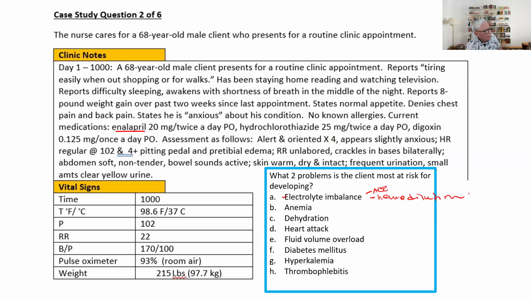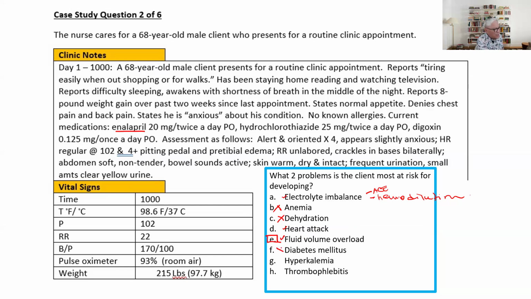Anemia. Why would there be anemia? There's no relationship here, so let's remove this. The patient is fluid overloaded as evidenced by the weight gain, so there's no dehydration. While a myocardial infarction could occur as a result of this stress, fluid overload is obviously number one because of the manifestation of an increase in weight, I'm sorry.